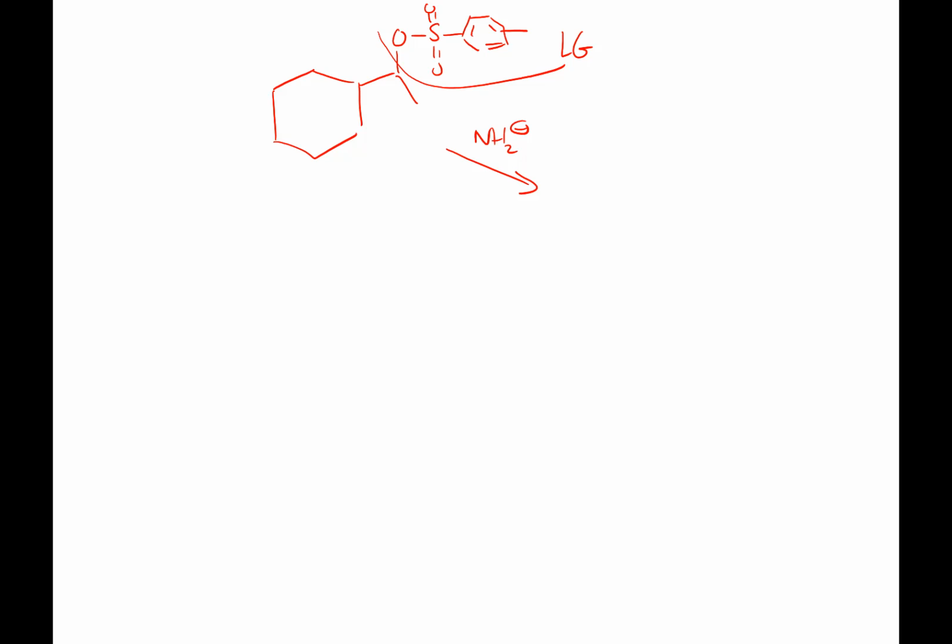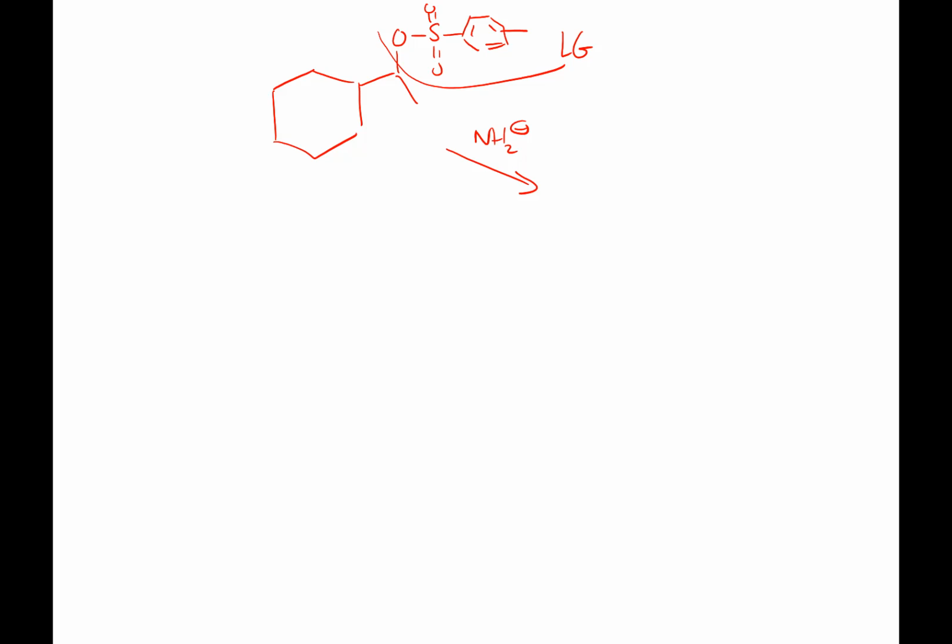And if I treated it with NH2 minus, what kind of molecule am I going to form? Well, what kind of reactions does NH2 minus do? What's its job? It's going to be an E2 reaction because NH2 minus is a base.